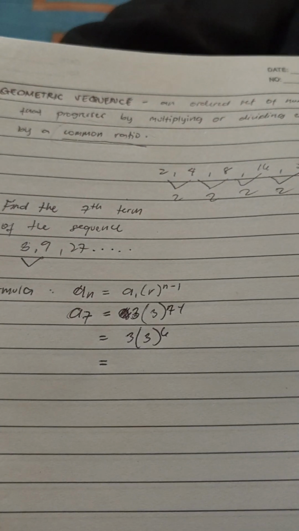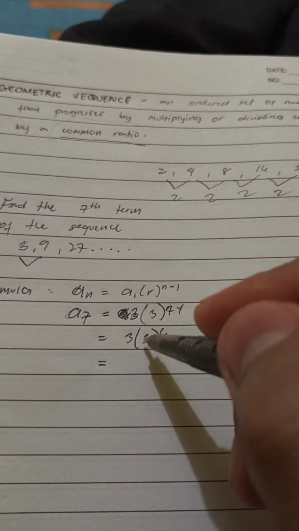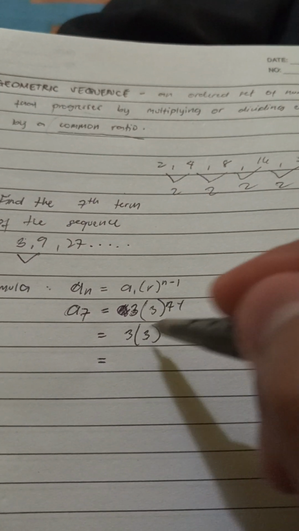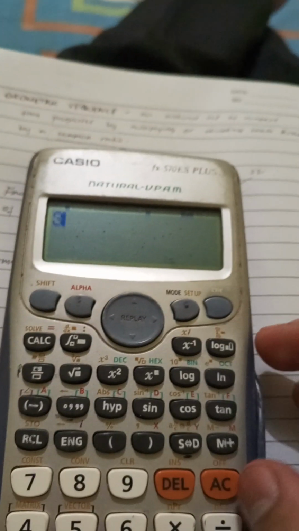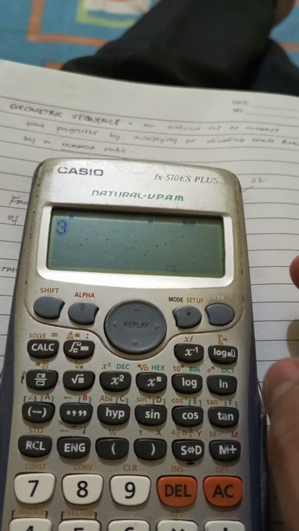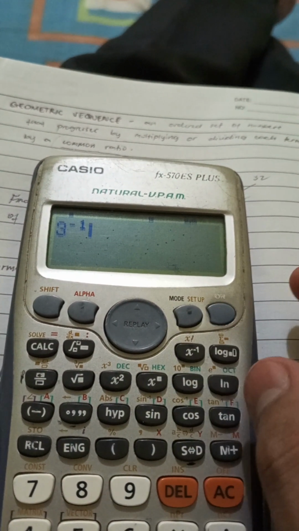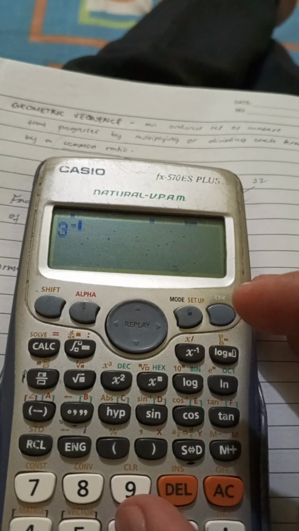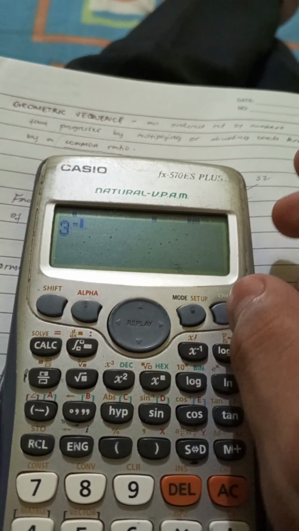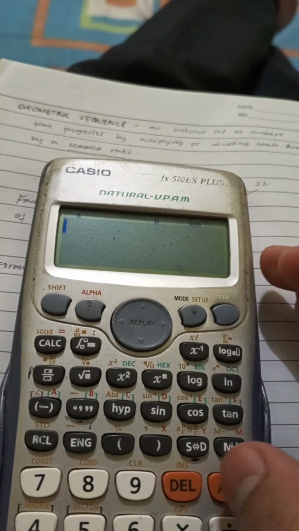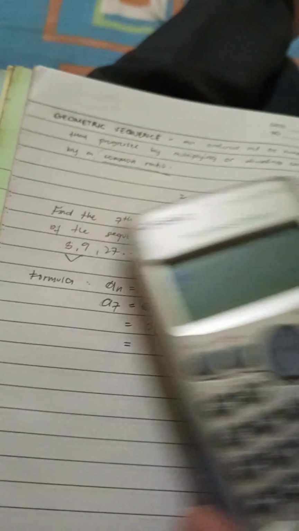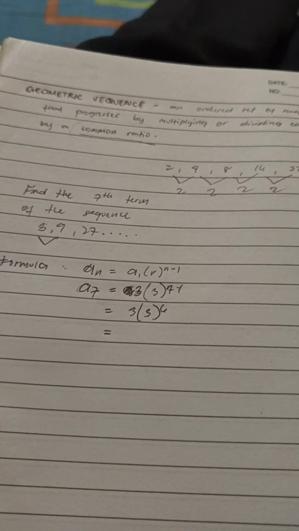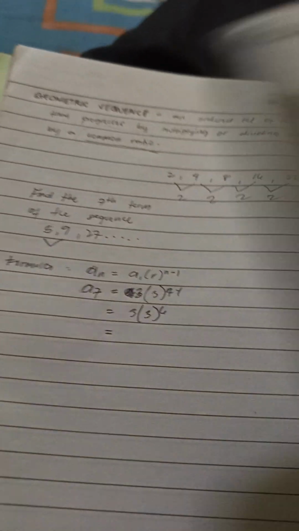And then let's evaluate this part. 3 to the power of 6 is 729.